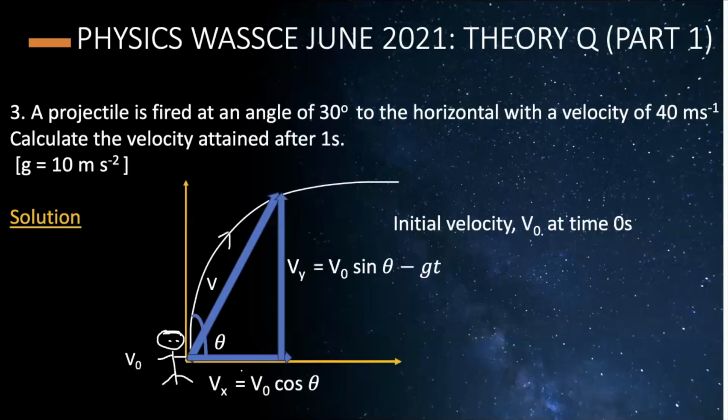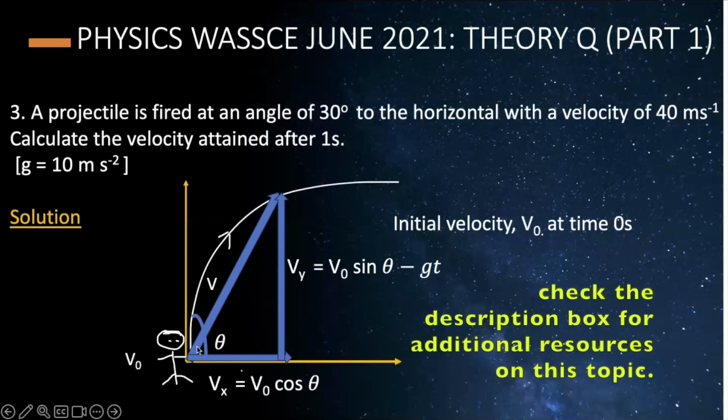Now, usually, when you send a projectile up, it makes an angle with the ground. Let's call that angle theta. And as it continues in its motion, it's not on a straight line. So there is a horizontal component to that projectile motion, and there is also a vertical component.